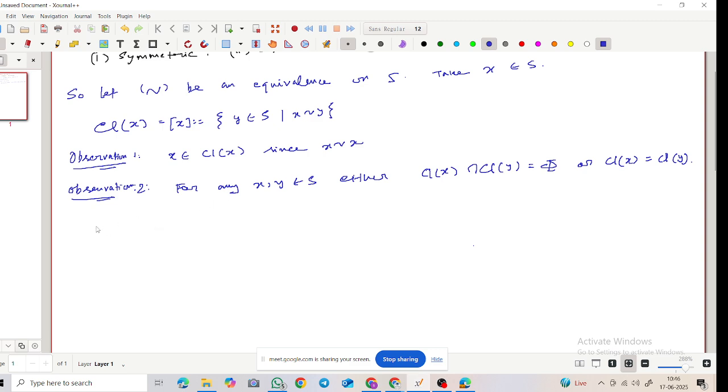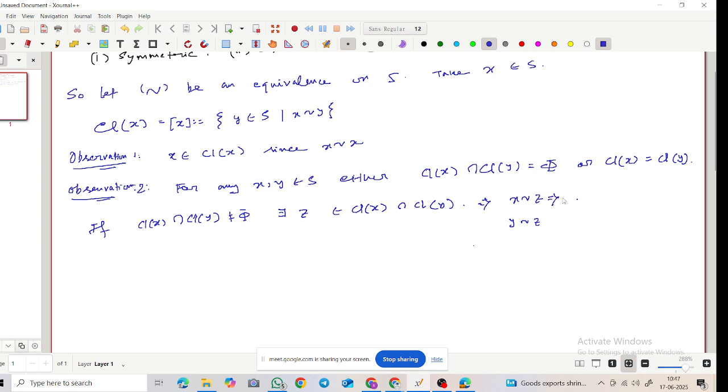Now if class x intersection class y is not phi, there exists z belongs to class x intersection class y. So this implies x is related to z, and also y is related to z.